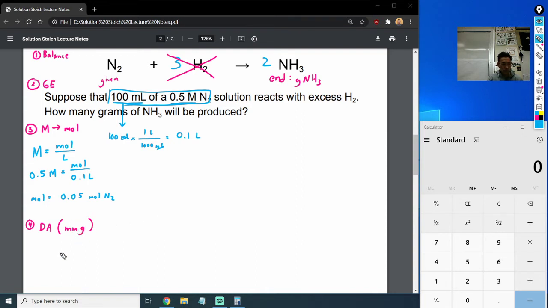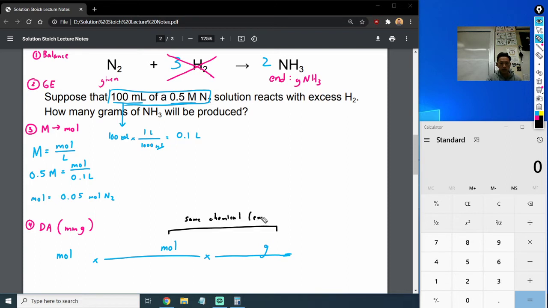Since we know that we start with M, we're going to put moles. We're going to set up a fraction. The second sound is m, so it's moles. And then the last one is g, so we know that we're going to end with grams. If you just remember this weird sound, mumaga, you'll set up your fraction correctly every single time. If you remember, the last two fractions are always going to be about the same chemical, and it's always going to be the end chemical.